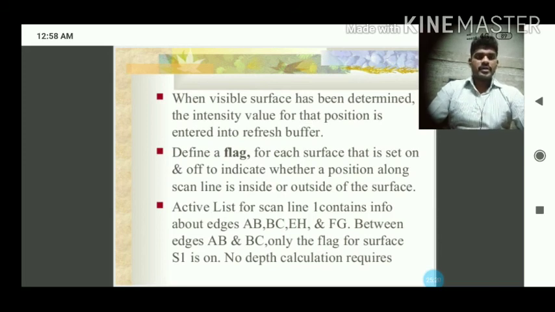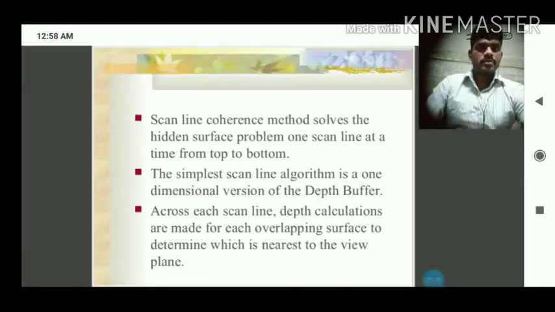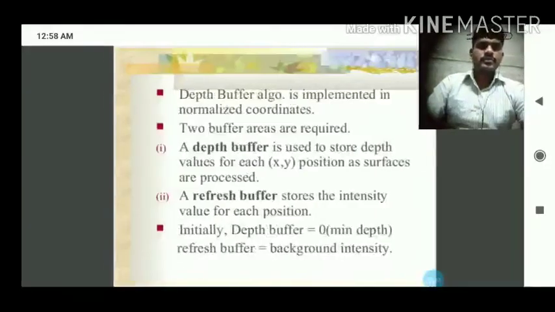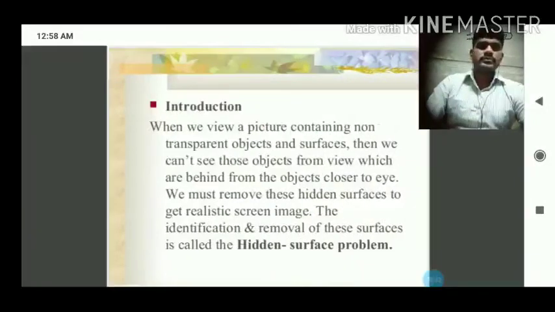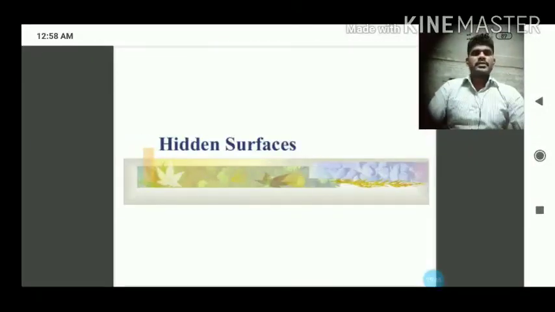Again, I want to wind up this topic because it is a very important topic: hidden surface removal. What is hidden surface removal?